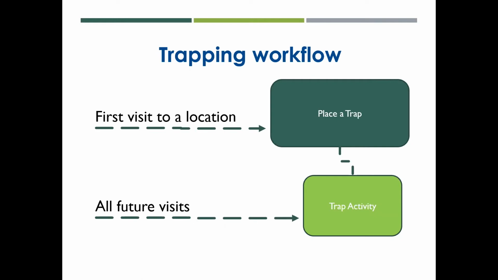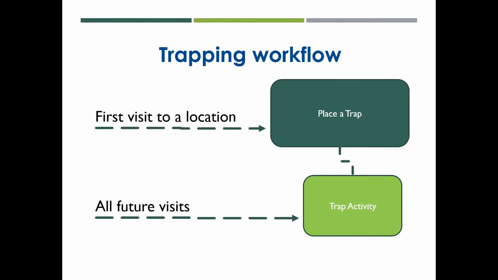And inherent to that step of placing the trap this year is that it is also installed. Last year, there was a burden of having to record first the trap placement and then the install step. Now there's a field on placing the trap, which I'll point out to you, with the install date, which infers that the trap was placed and installed on that first visit.